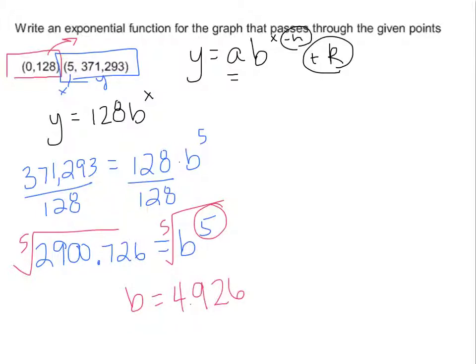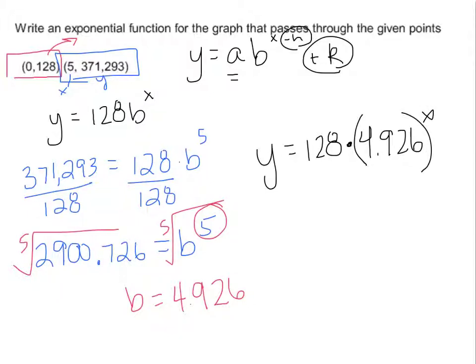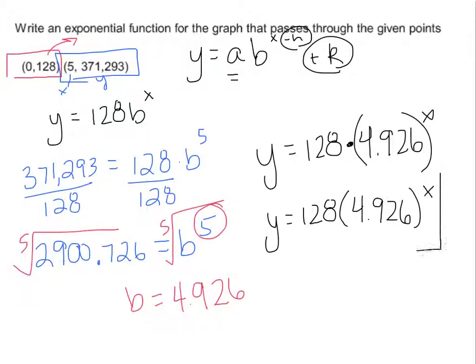So now we can write our general function of y equals, our a we know is 128, times our b we just got to be 4.926 to the x power. Many times when we put that 4.926 in parentheses, it makes it much clearer that that's where the multiplication is. So 128 times 4.926 raised to the x power, that is our exponential function.